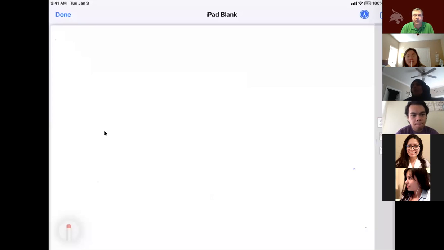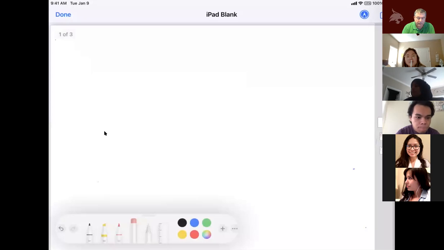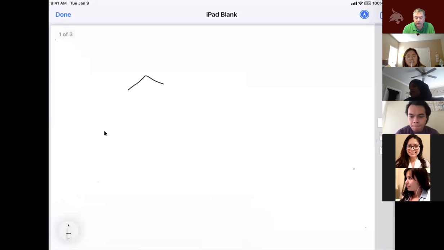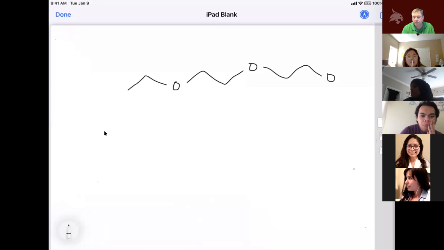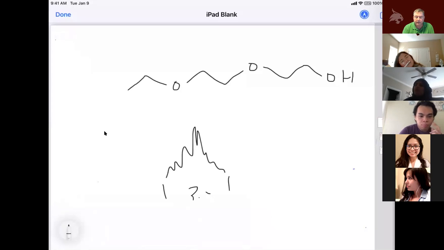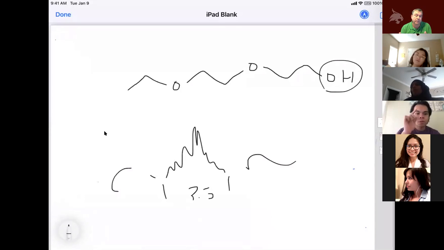So in the case of something like this, it's going to give us this massive peak all around 3.5, and then the OH is going to be either on this side or this side, depending on the solvent.